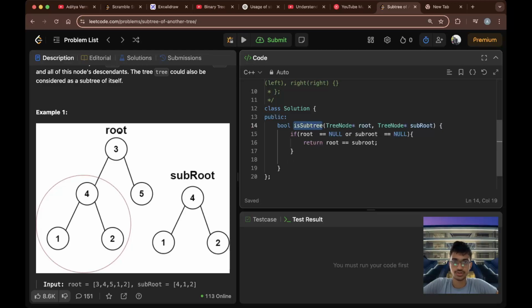So we are calling the same function for bool roots left part, comma, subroot, and roots right part.